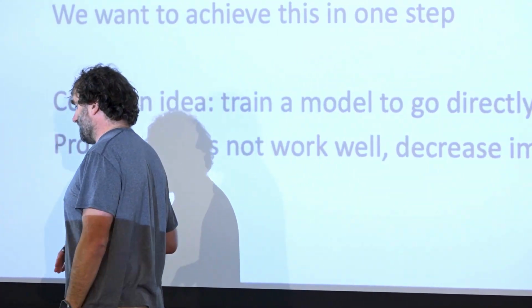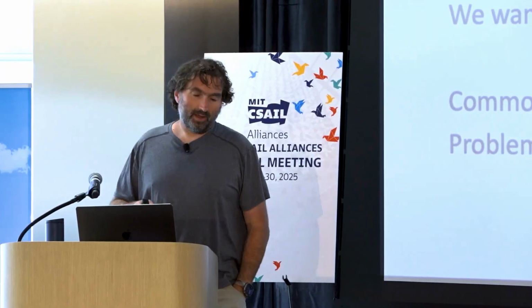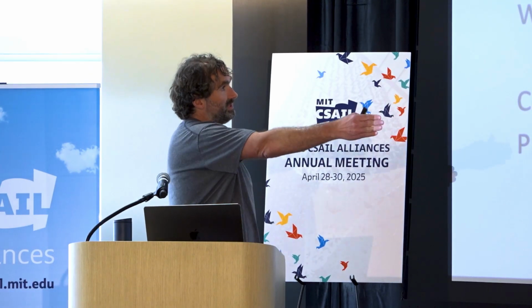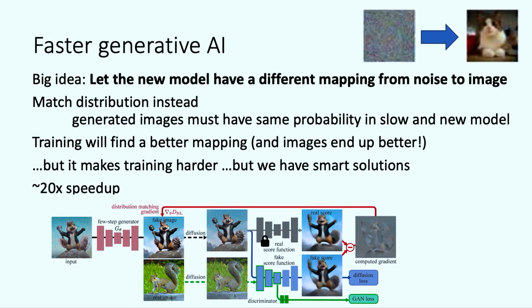I'll skip the mathematical details, but this is an important insight from previous work, that you can turn these denoising models into essentially a way to get a sense of the probability of each image you're generating. So that's the main idea: just relieve the constraint that the mapping should be the same.